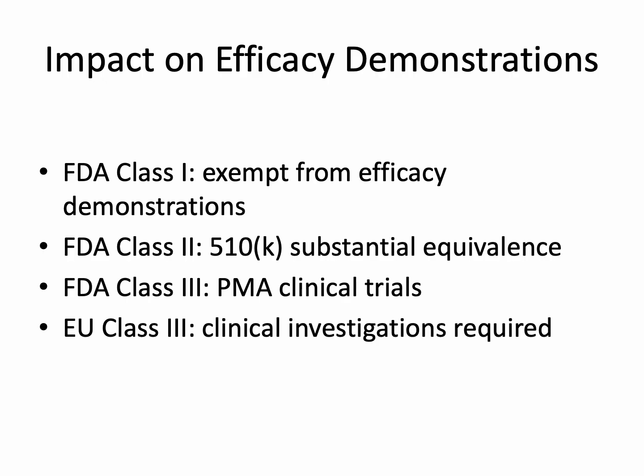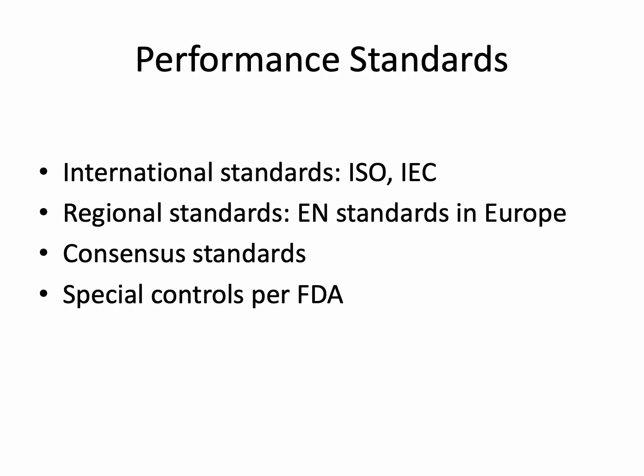jurisdictions. Product classification dictates which performance standards apply. International standards, such as ISO and IEC, provide baseline requirements for safety, performance, and quality. Regional standards, including EN standards in Europe, provide additional context-specific requirements.